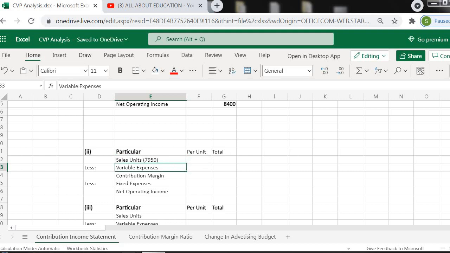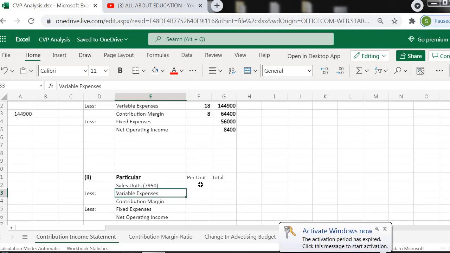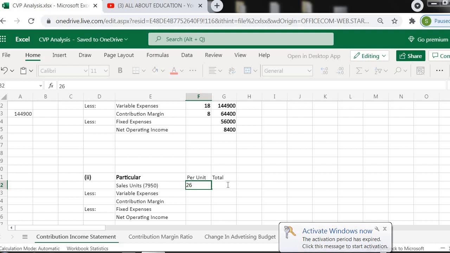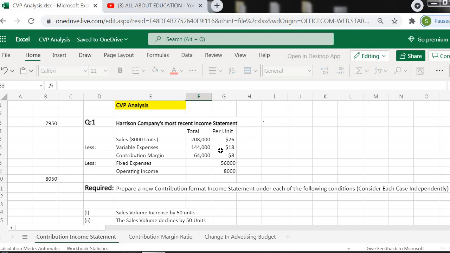And the per unit cost for sales will remain the same, which is 26 per unit. To calculate the total, we have to multiply total units 7950 by the per unit cost, which is 26. So what we get? 2,06,700. Right? Now we have to deduct variable expenses. Variable expenses per unit are 18, right?